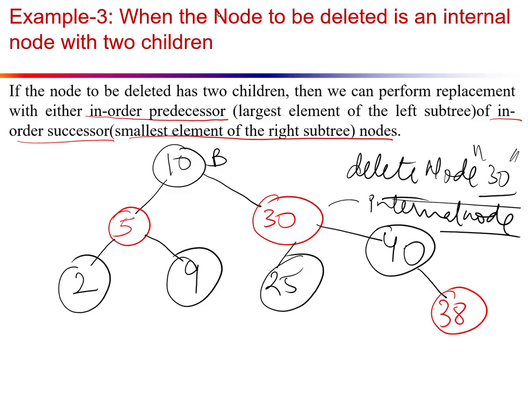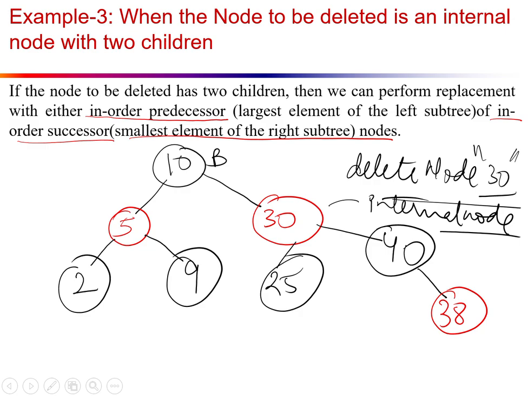Now, the node to be deleted is 30. 30 is red in color and is located at an internal node position, so we cannot delete it at that position. We need to replace 30, but 30 has children on both the left and the right.